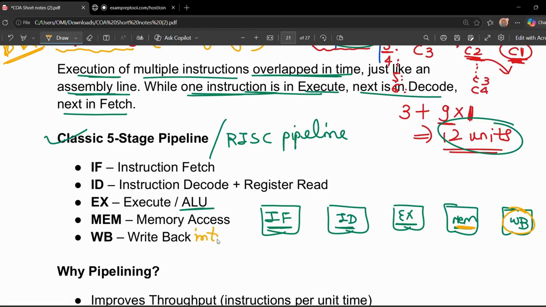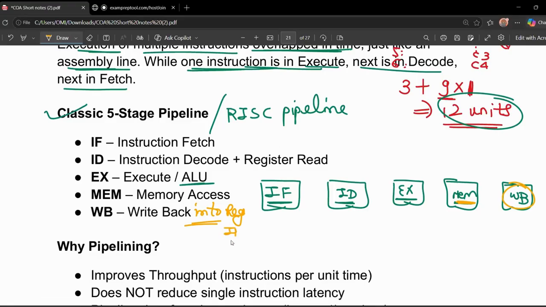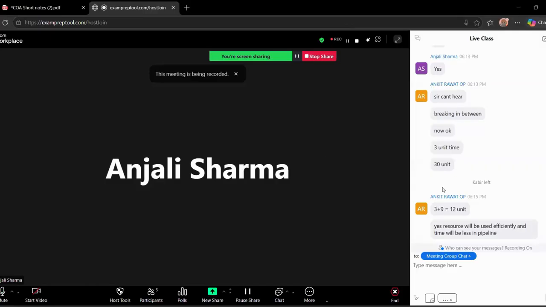So see, if you are executing multiple instructions, let's say I1, I2, I3 and so on, right? So in the C1 cycle, if this is the cycle 1, I1 can execute here in the first cycle.